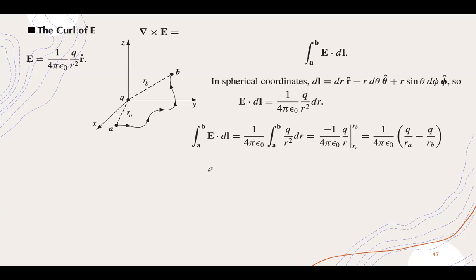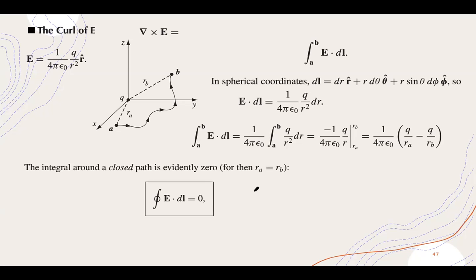But since we are talking about spherical symmetry, this point A and point B are going to be the same point. So when ra is equal to rb, this line integral is basically going to be 0.